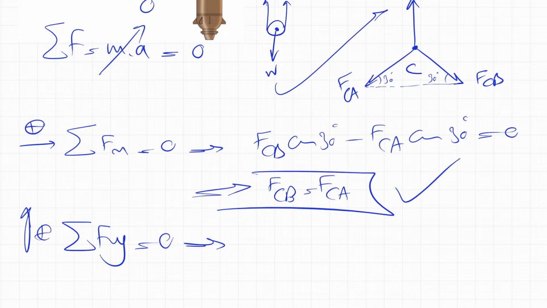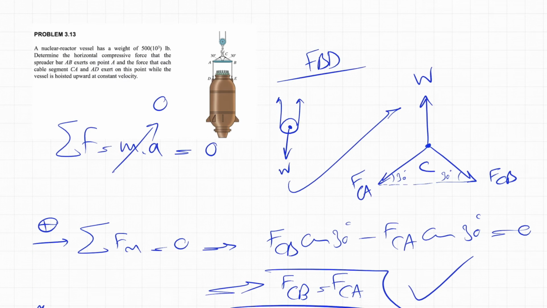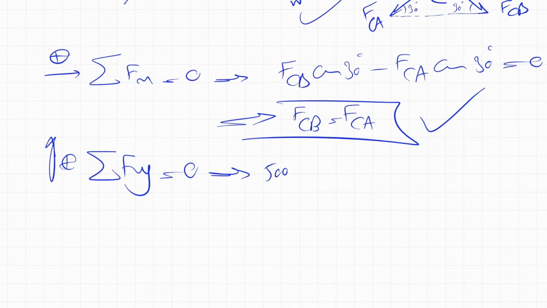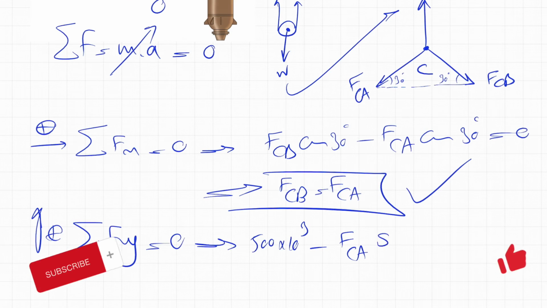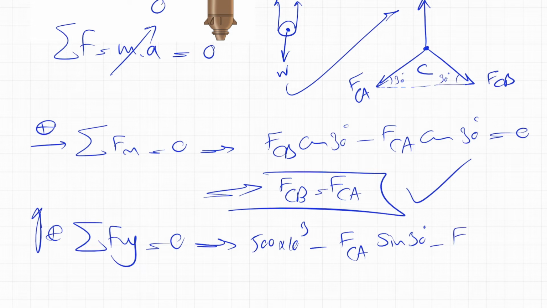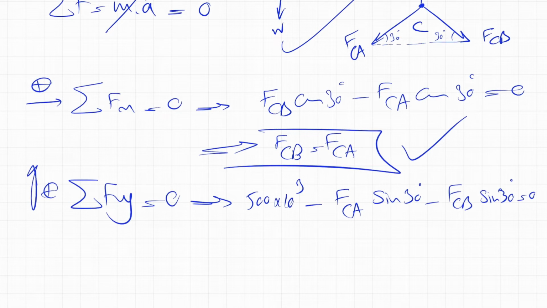And what we have for Fy will be, we have the weight of the vessel, which we know from the question is 500,000 pounds, and we'll have the y component of these two, FCA sine of 30 and FCB sine of 30.